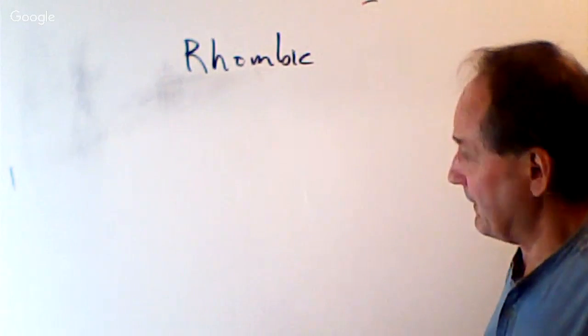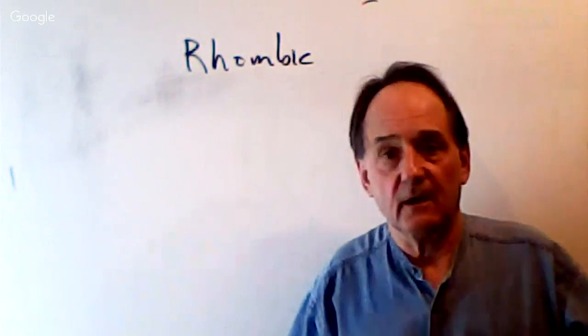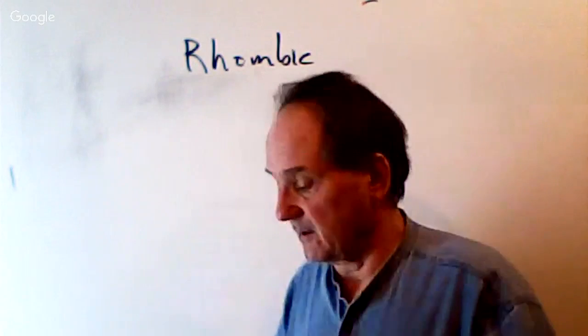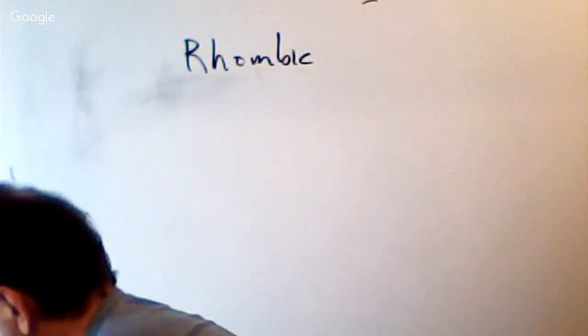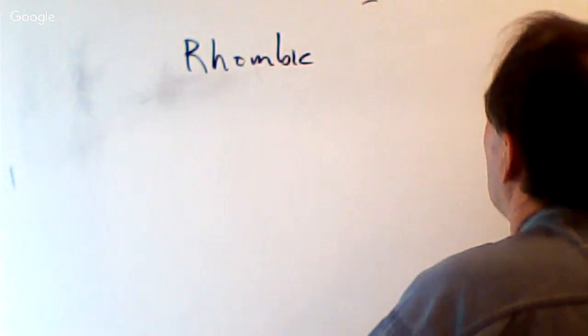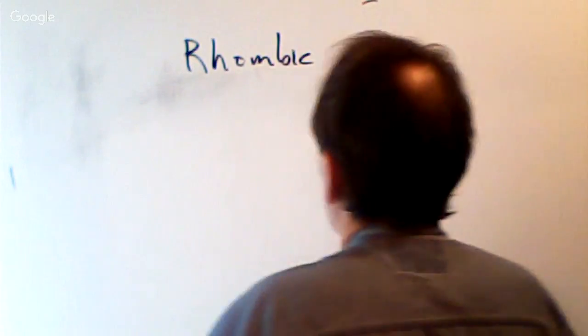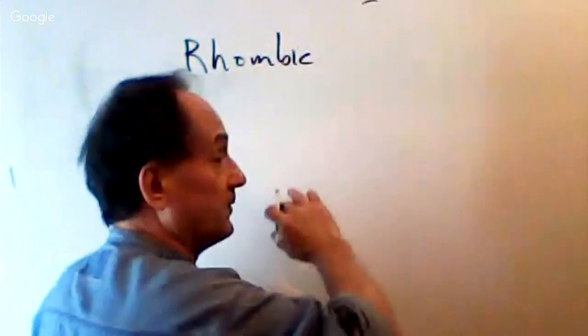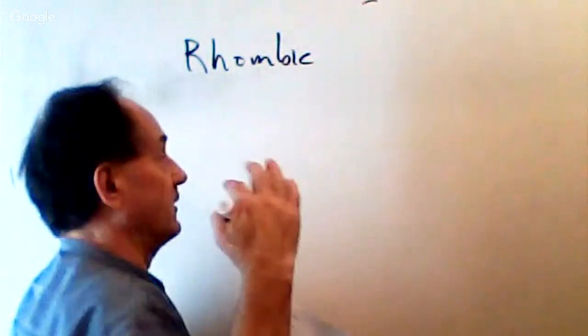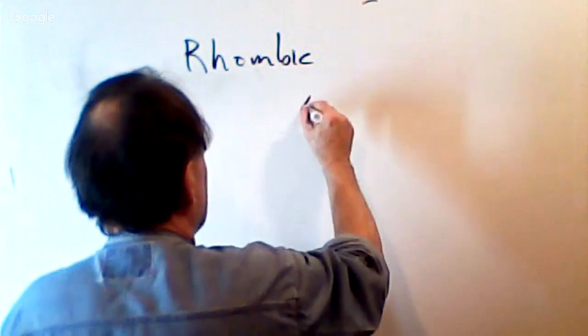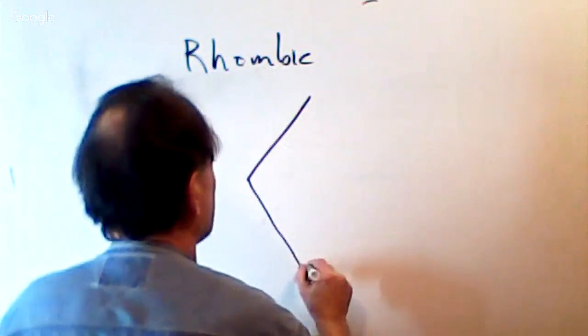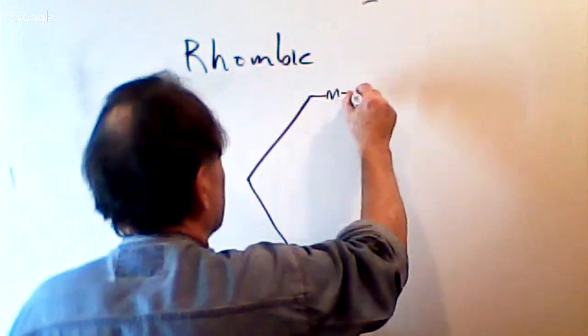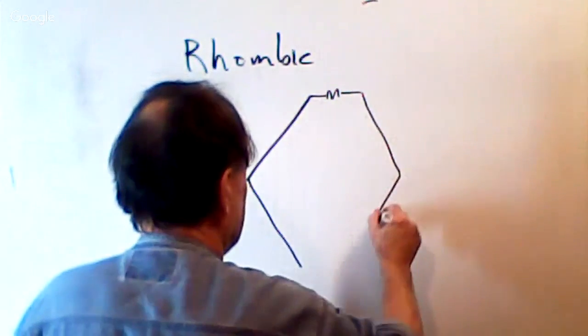But back in this time, they decided to use an array of rhombic antennas. And what a rhombic antenna is, you physically mount this on poles with wires in the shape of a rhombus. Kind of like this.